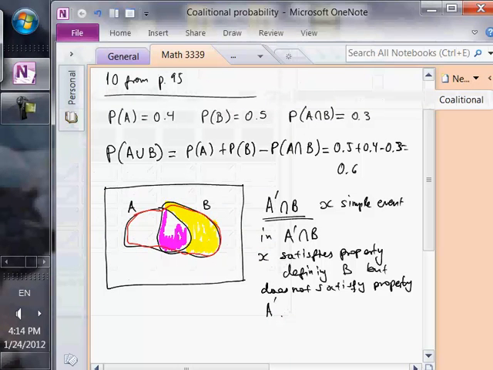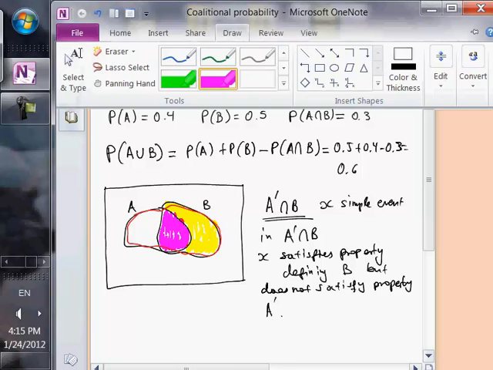The purple part is A intersection B. If I put the purple and the yellow together, I get the entire B. So purple plus yellow gives you B. You also see that there is no overlap between the yellow and the purple; whatever leaks are just artifactual leaks in the color.